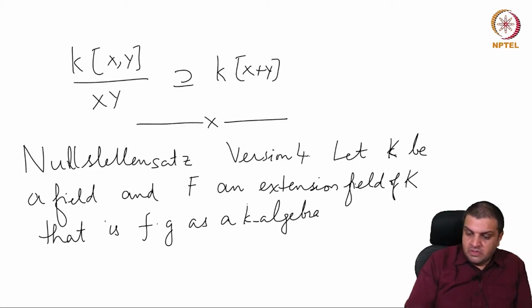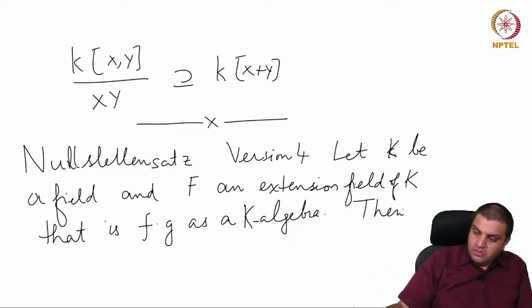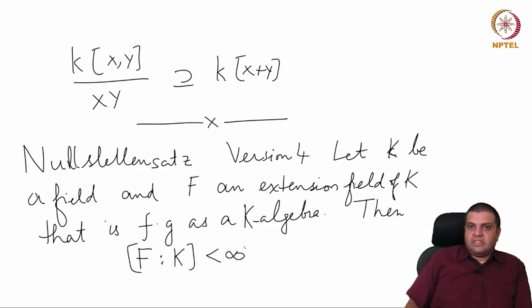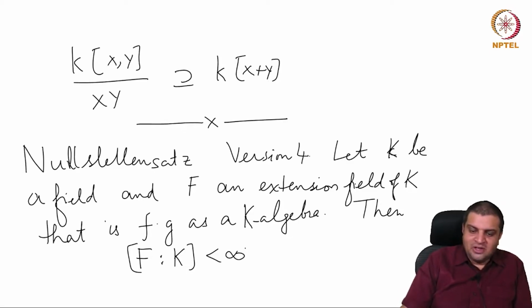Remember K to F is a ring homomorphism, and here we are saying it is finitely generated as an algebra. Then F is a finite extension field of K, that is, it is a finite extension. It is not at all clear what this has to do with Nullstellensatz and why it's even called a version of Nullstellensatz, which we will prove now.